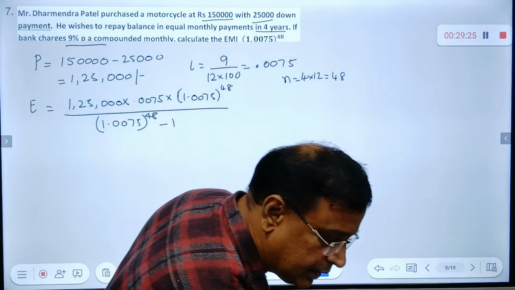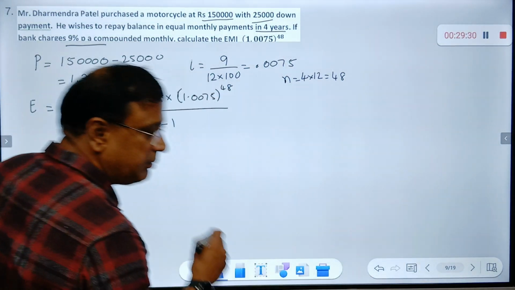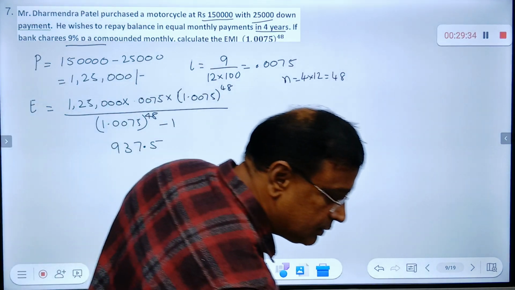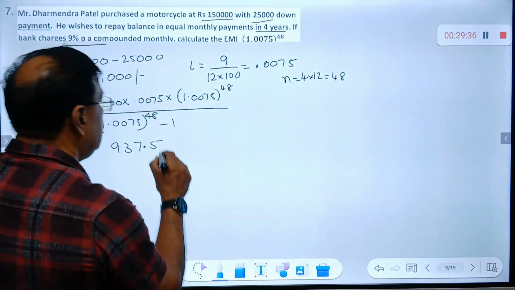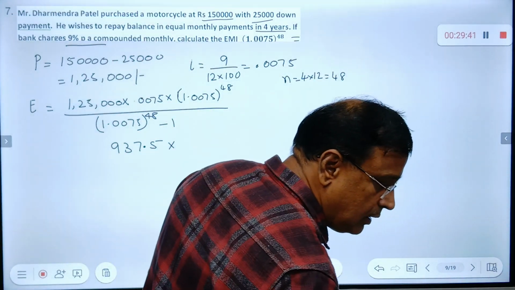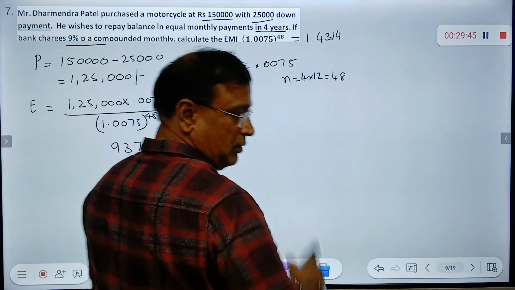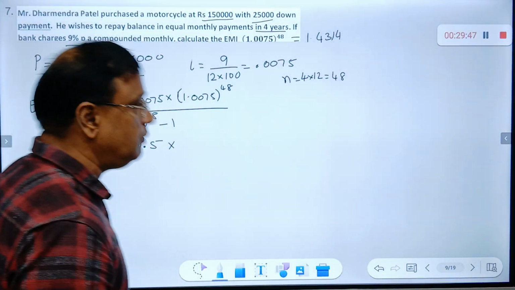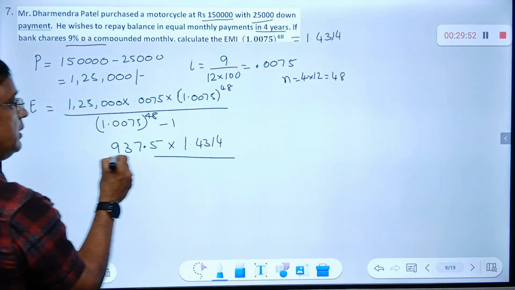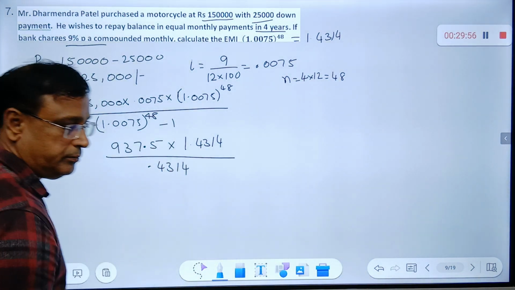Now let's look at the calculation. 1,25,000 times 0.0075, I'm getting it as 937.5. 937.5 into the value of this, which is given as 1.4314, divided by, when you subtract 1, 0.4314.